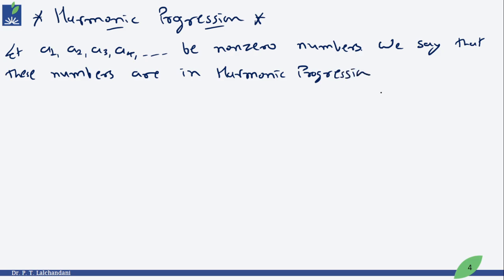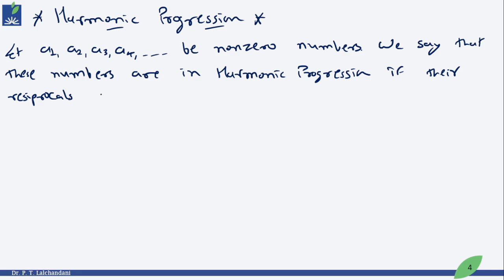These numbers are in harmonic progression if their reciprocals are in arithmetic progression. That means the reciprocal of A1 will be 1 upon A1, the reciprocal of A2 will be 1 upon A2, and so on, right?